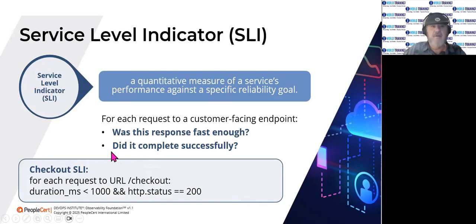Are there any errors? These are just examples. So check out an SLI for each request to a URL checkout: the duration has to be less than 1,000 milliseconds and the HTTP status has to be 200 in order to be successful.